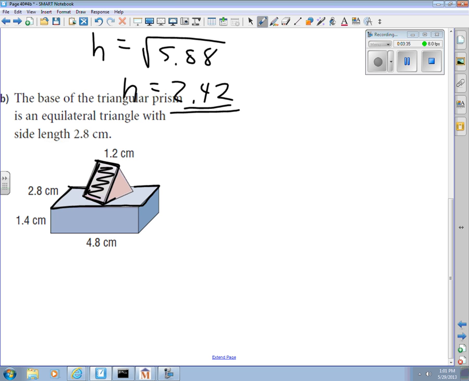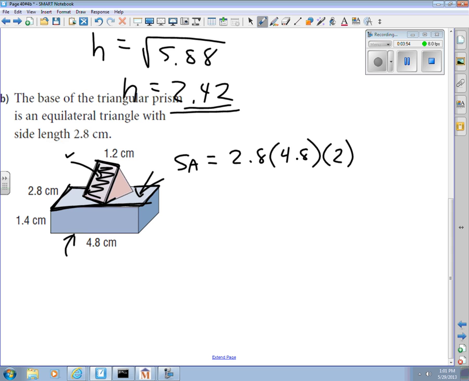So that means I can just say that the surface area here is length times width, so 2.8 times 4.8, doubled because there is a top and a bottom. And I'm going to just pretend there's no hole in it, but now I realize I've already counted that rectangle. I still have another one of these rectangles on this side, and it is 1.2 by 2.8.